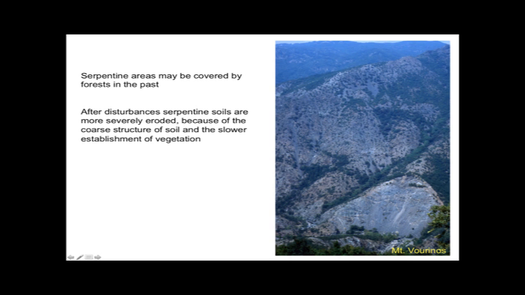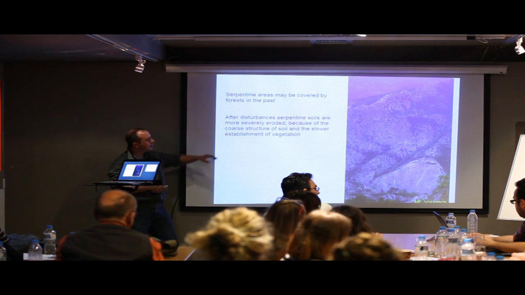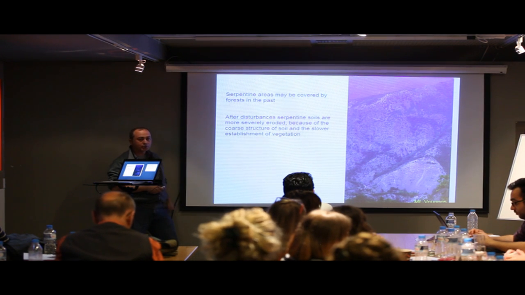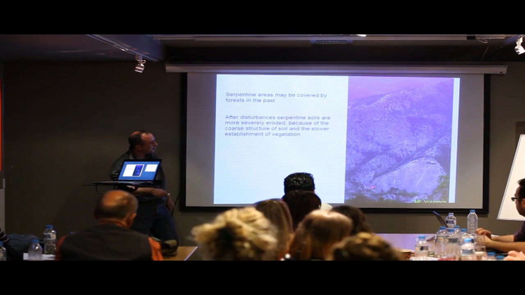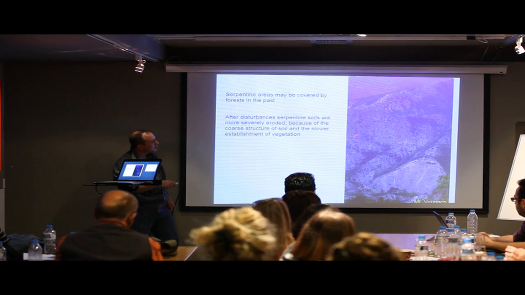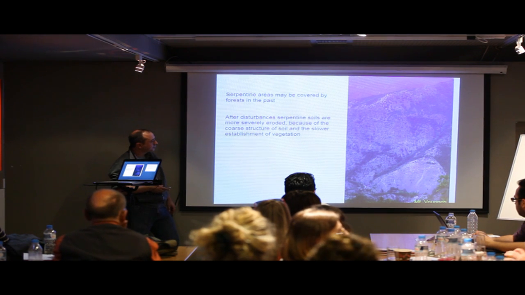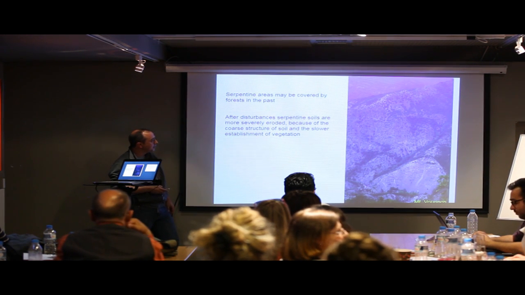Also, vegetation evolves slowly in these areas, so the soil is not protected by forest vegetation. So if we have a disturbance in these soils, there is a lot of possibility of soil erosion. And this is a picture of Mount Vourinos where you can see a lot of areas without vegetation, bare areas, and a lot of erosion.